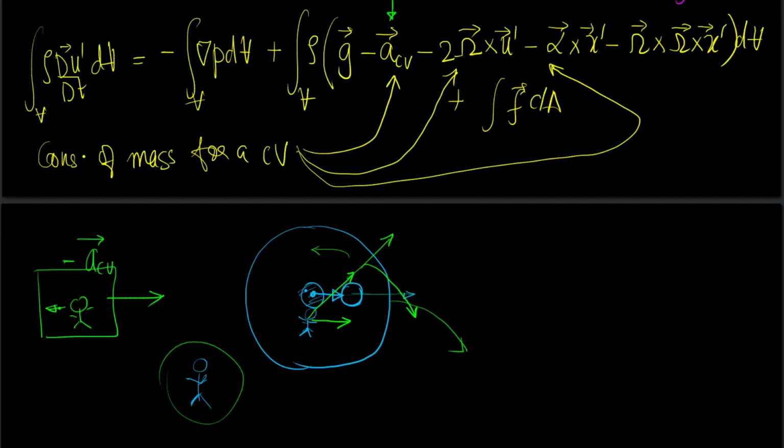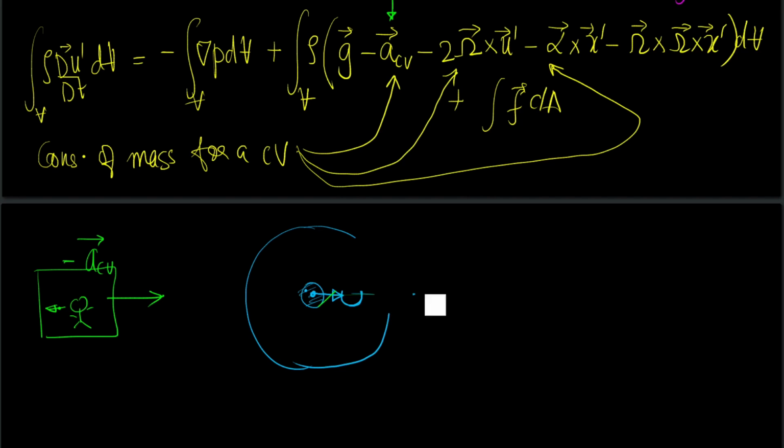So why is it appearing to move in that trajectory? In the non-inertial frame, the velocity vector is this and the omega vector is out of the plane. So what is omega cross u? Omega cross u will be in this direction, so minus omega cross u is in this direction. It will appear that there is a force acting which causes the trajectory to bend like this.